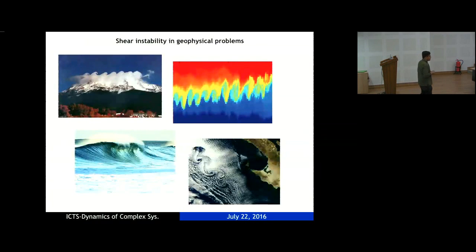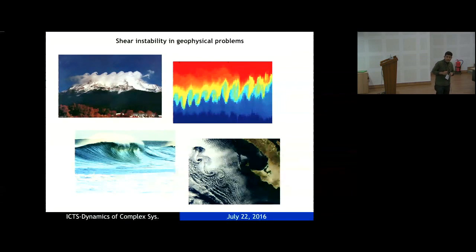So what about instabilities in geophysics? In the clouds, you see these kinds of nice structures. These are called Kelvin-Helmholtz instability. You see the same thing deep inside the ocean. This is saline water, this is less saline water, and at the interface, you see these kinds of billows forming.